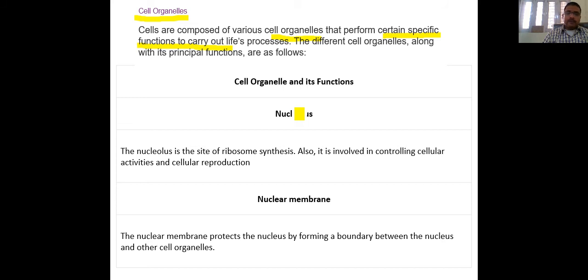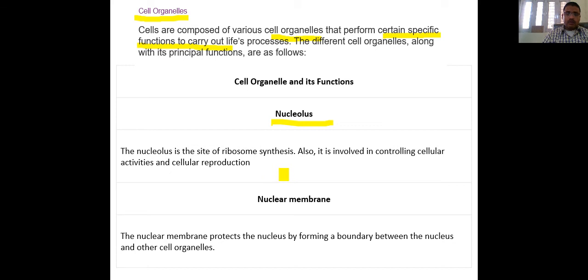These three things I have already discussed. Another thing: the nucleus is the site of ribosome synthesis. It is also involved in controlling cellular activities and cellular reproduction, as already given in the previous slides.